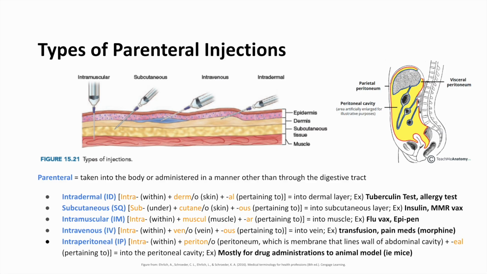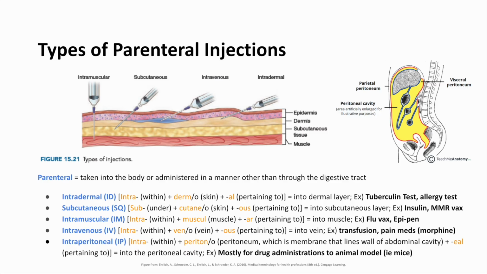Intraperitoneal, this might be a little new to everyone. Peritoneal is a combining form that means peritoneum, which, if you see that yellow highlighted region, is the peritoneal cavity, and surrounding that is the membrane called the peritoneum.